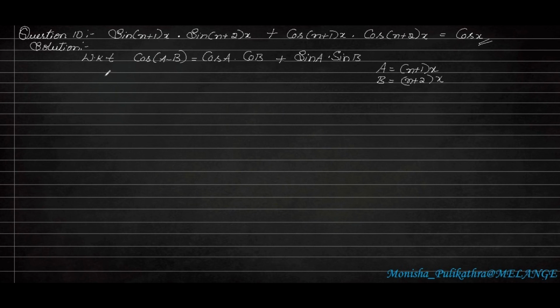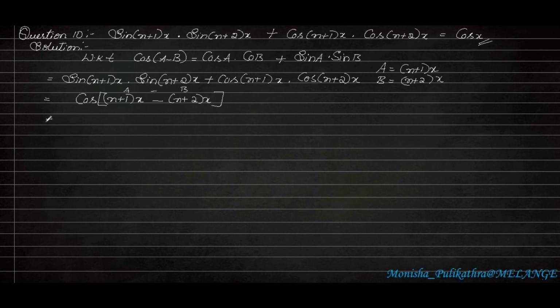So we can change this expression, sin(n plus 1)x into sin(n plus 2)x plus cos(n plus 1)x into cos(n plus 2)x, into cos(a minus b), where a is (n plus 1)x, minus, and b is (n plus 2)x. This is cos(a minus b).